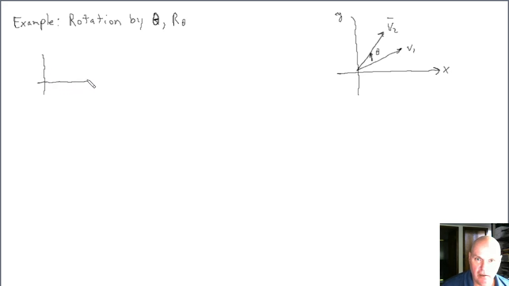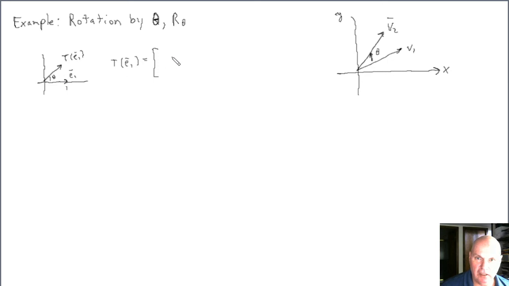Okay, so E1 has unit length. This would be the corresponding rotated vector, which has the same length. So this is the transformation applied to E1 through angle theta. And then the coordinates of the transformed vector in terms of the x-coordinate and the y-coordinate.